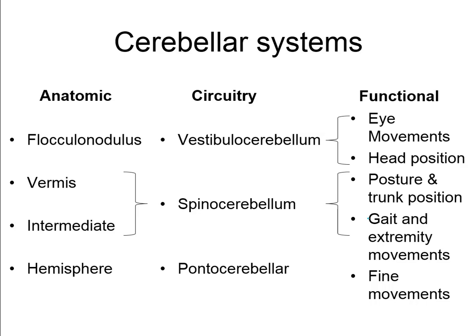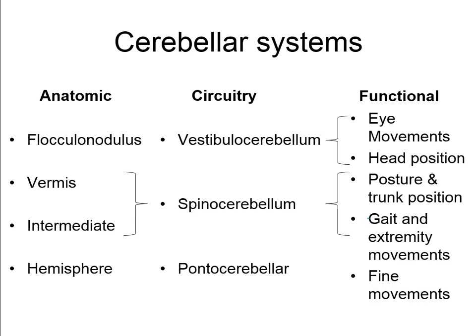The spinocerebellum, the dominant spinal inputs go to vermis, and a bit to the hemisphere. You know where your arm is in space when you make that movement, okay? Same as you know where your fingers are, okay? And that's about trunk position, extremities, and gait. And the vestibular is flocculonodulus, and that's really about head position and eye movement.